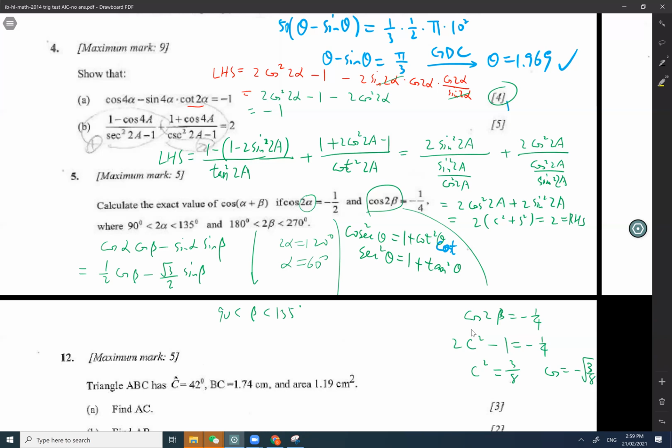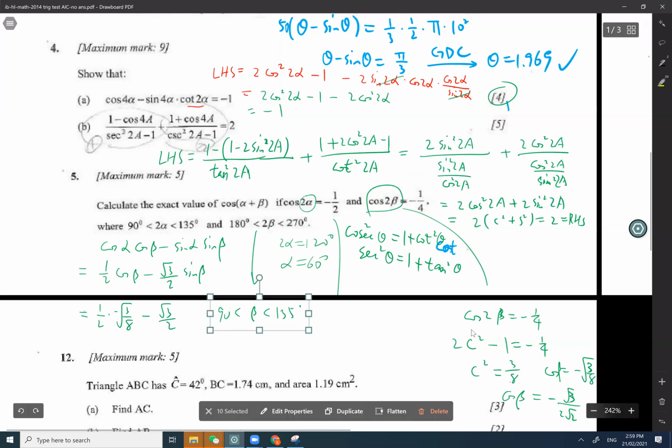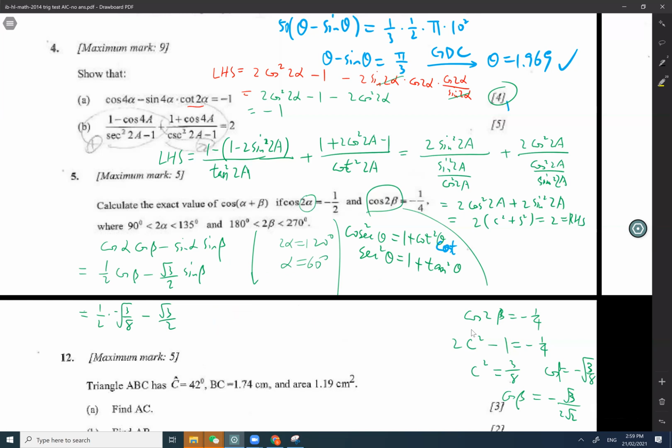Okay? You can say cos beta equals negative root 3 over 2 root 2. So we have half negative root 3 over 8 minus, sine, for obtuse angle beta, sine is positive.